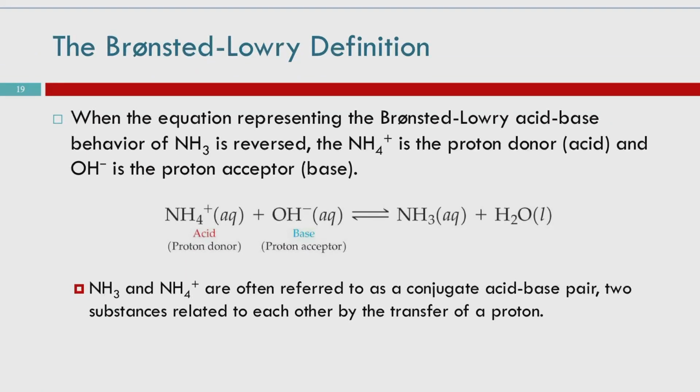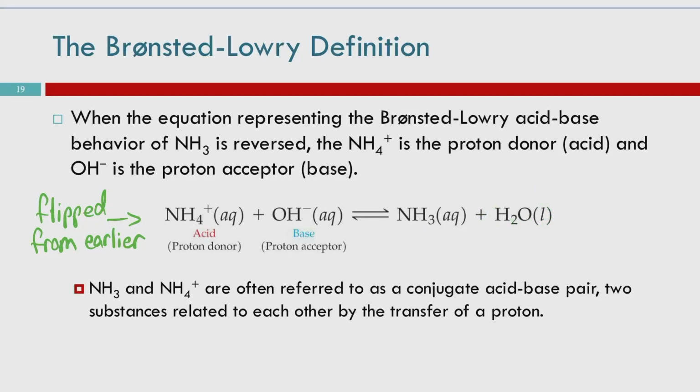If we flip one of our equations, like the one that we had for ammonia, earlier we saw this going the other way. We had the ammonia represented as one of our reactants and water also represented as a reactant.